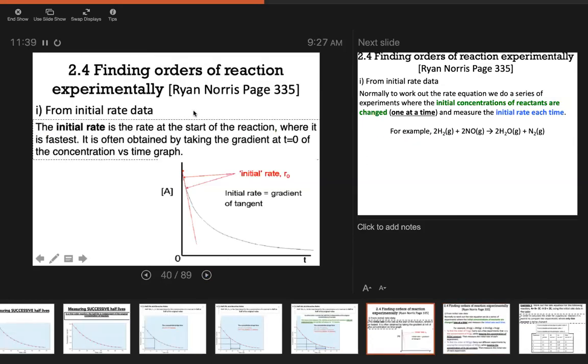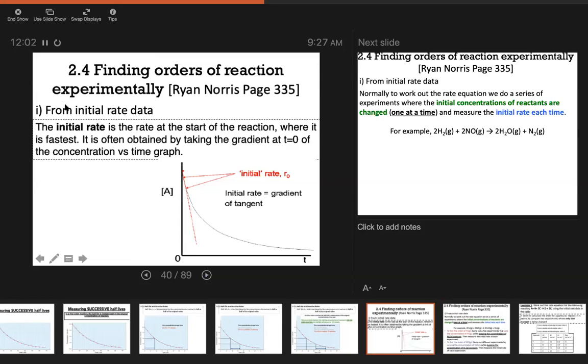So far we've looked at finding the orders of a particular reactant from the graph. We look at the shape of the graph, we calculated half-lives. Now we want to find the orders of reaction based on data, based on numbers that we get from an experiment. First thing is from initial rate data.